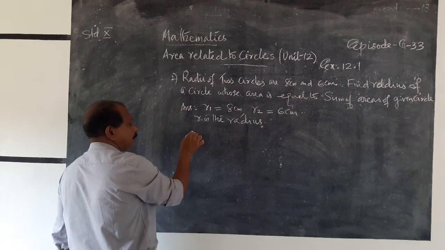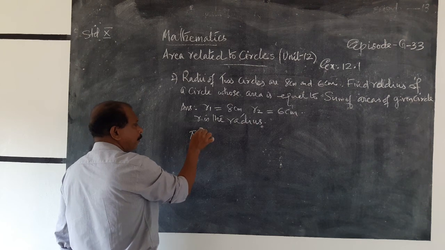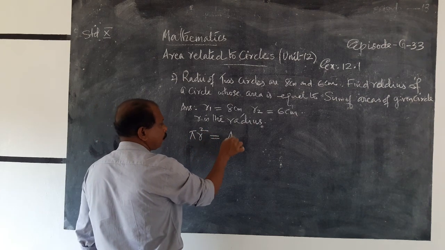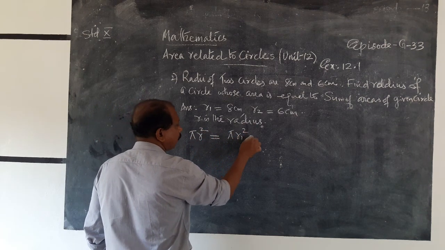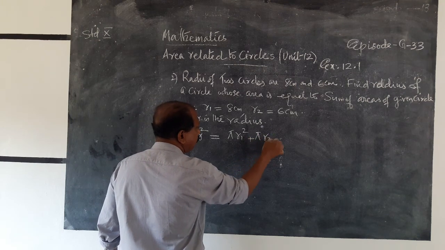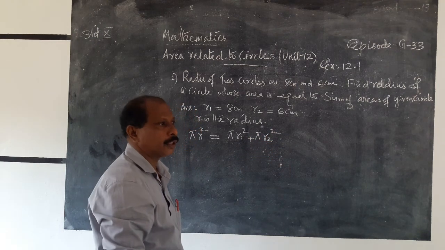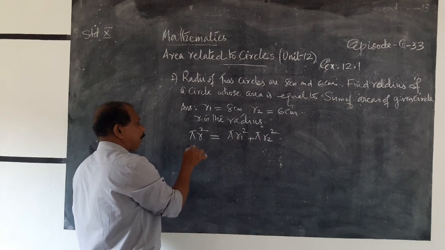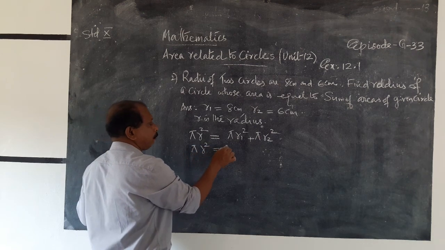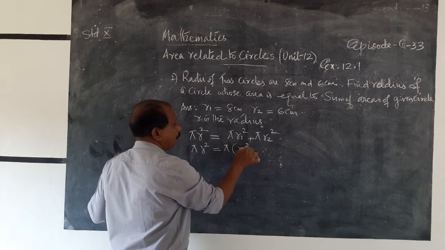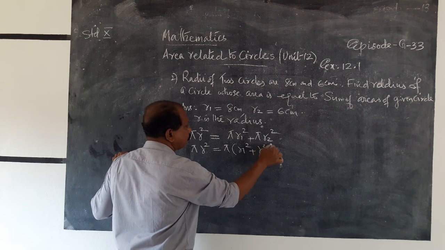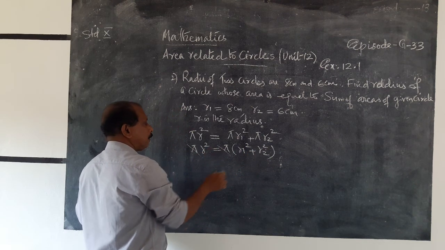Therefore, given that, what is the area? Pi r square is equal to pi r1 square plus pi r2 square. That is the area of two given circles. That is, pi into r square is equal to pi, take as common, r1 square plus r2 square. Pi cancels.